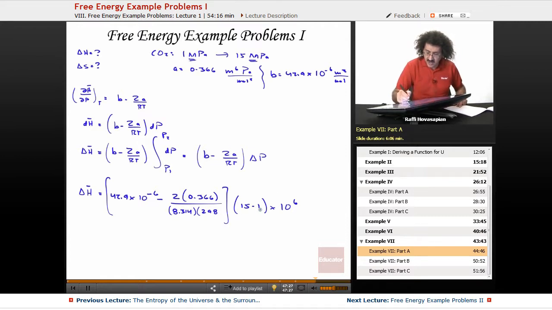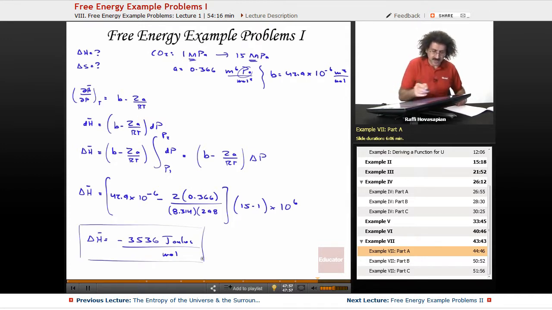We're working in pascals in order to make sure that the units match. So 15 minus 1 is 14 megapascal, which is 14 times 10 to the 6th pascal. When I do this, I get a delta H of minus 3,536 joules per mole. That's the delta H based on what we calculated for dH/dP and then integrated.